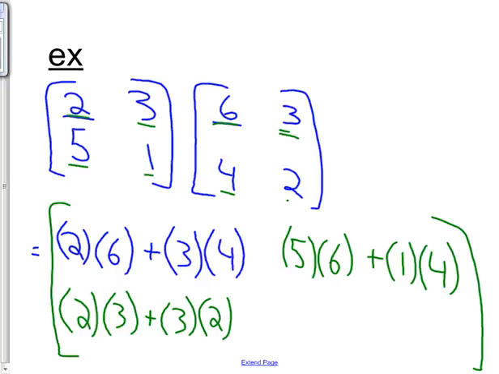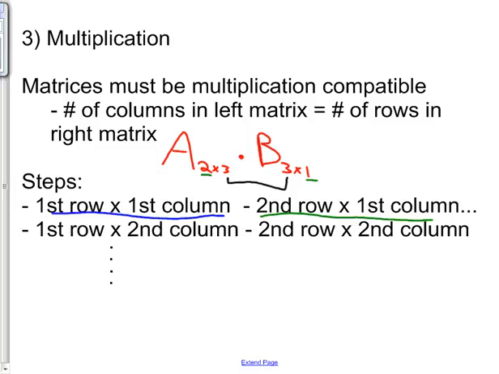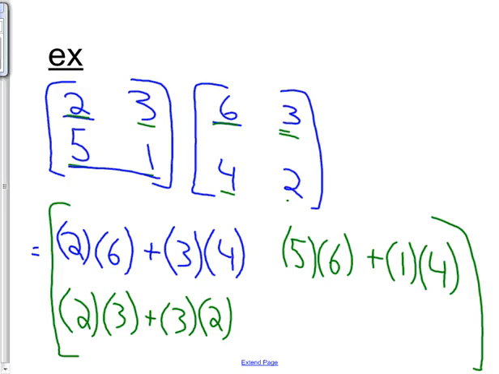And we're going to use the 5 and the 1 over here, and we're going to use this column. So that's the second row and second column.